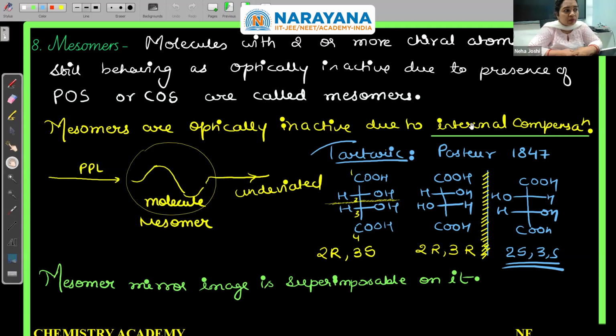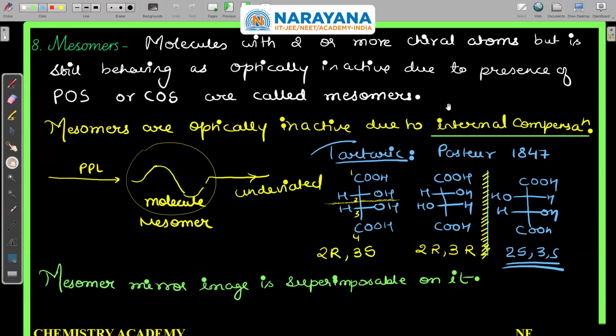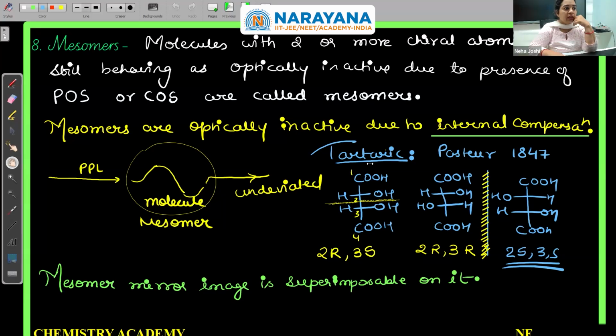Okay, from there I got the answer even. Rohit, what is your opinion? Even. Rohit is saying even. Last, let us stop for Shrey. Shrey, what is your answer? Even. So all of you are of the opinion that for a molecule to be a mesomer, it should have an even number of chiral centers.